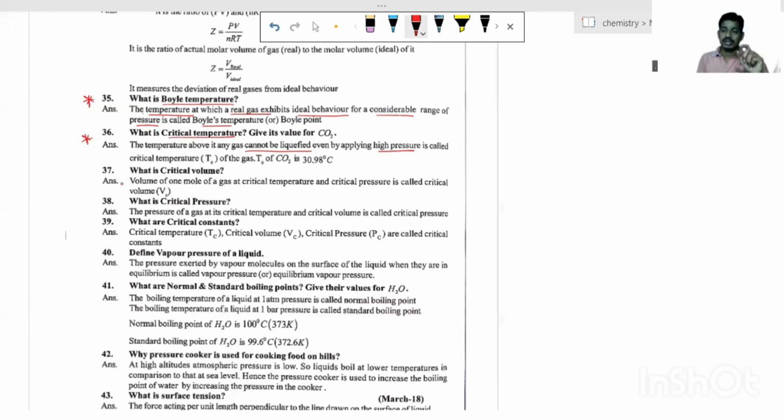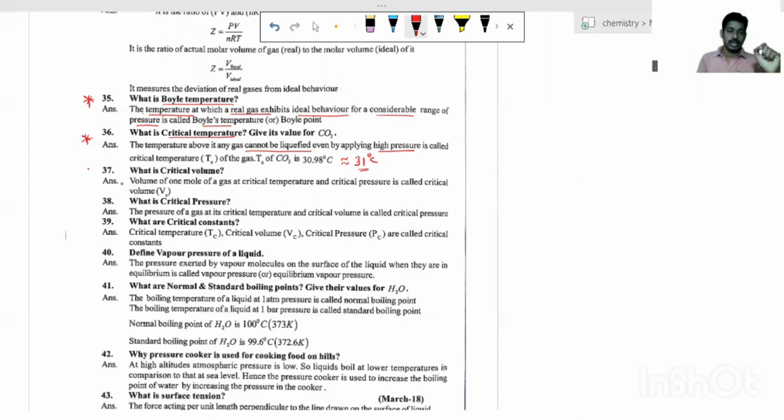This critical temperature is different for different gases. For carbon dioxide, the critical temperature is 30.98 degrees centigrade, or you can write 31 degrees as the critical temperature of carbon dioxide gas.